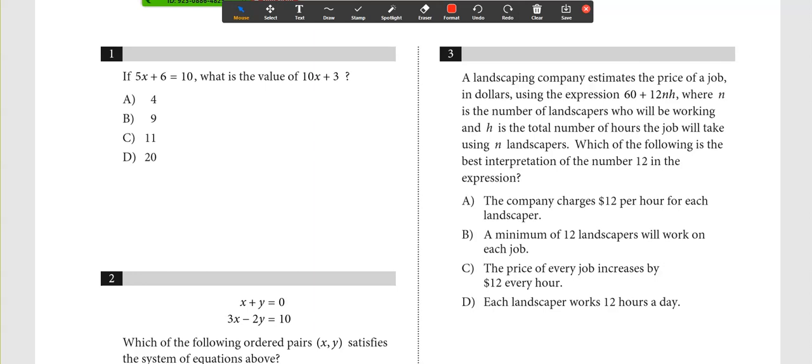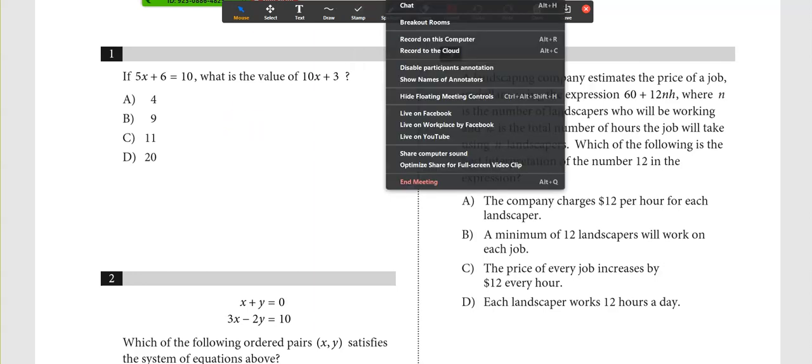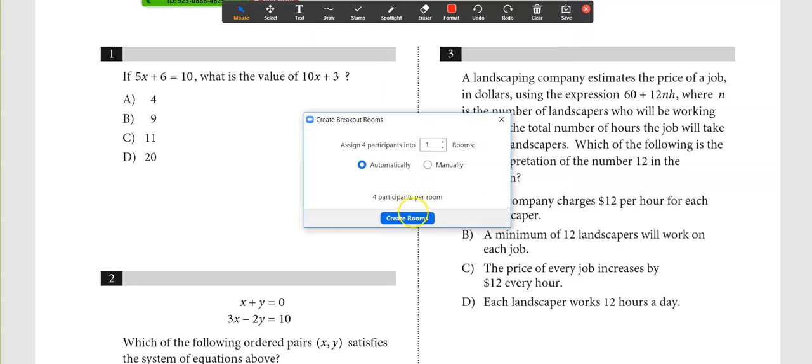Okay, I'm going to put you in your breakout rooms, and then you get started on number 1, and then I'll help you if you have any questions, and I'll just go room to room to room. Assuming that, yeah, there we go. And I'll just add some extra breakout rooms in case some people join us.